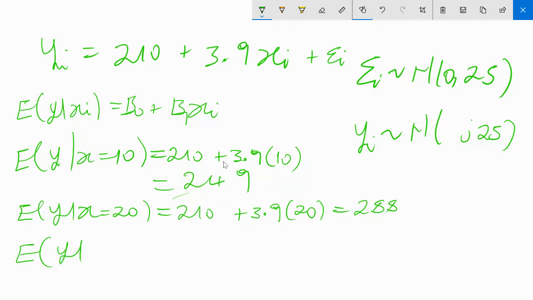Then the expected value of y for x equal to 40 is 210 plus 3.9 times 40.